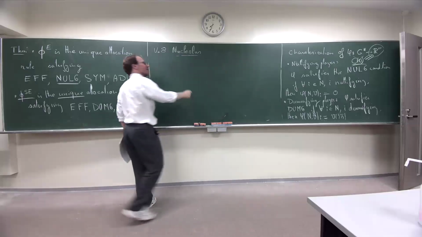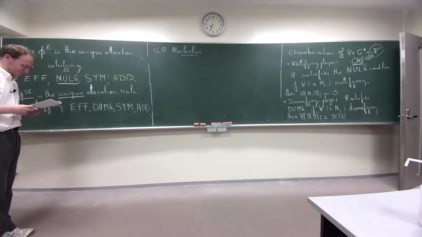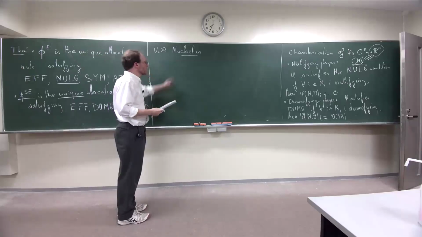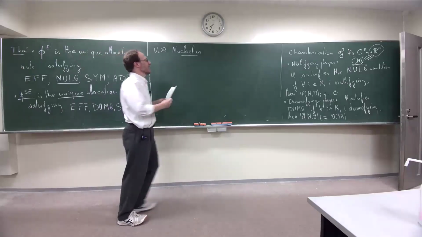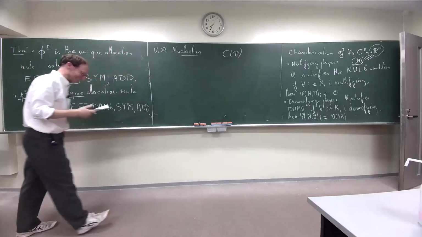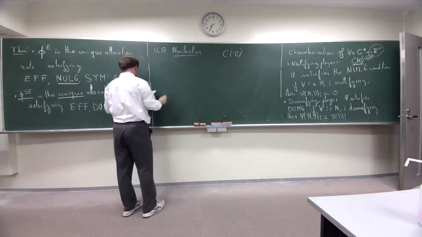Okay. Now we move to something else. It's a bit more involved, but the good point, as I said, is that it's inside this. Okay, so I need to explain what is this nucleolus.